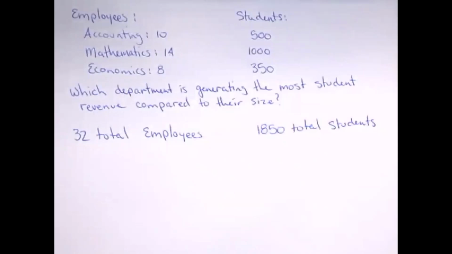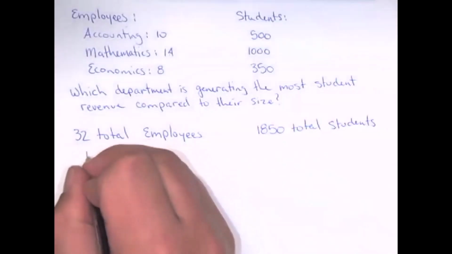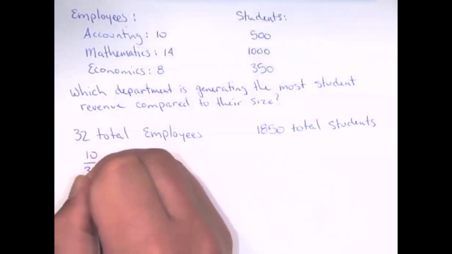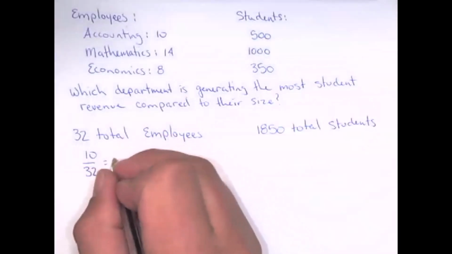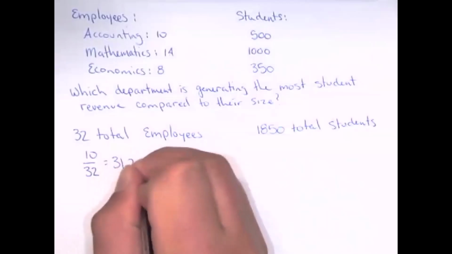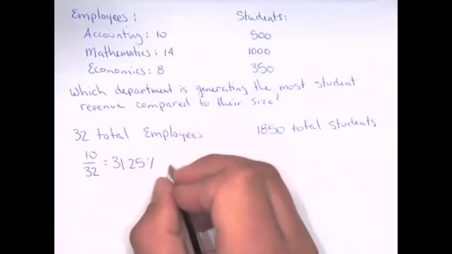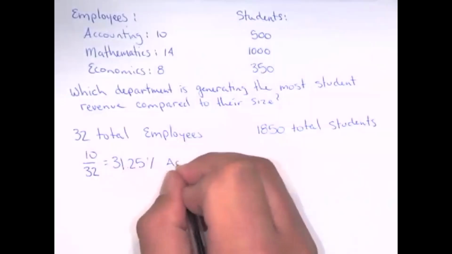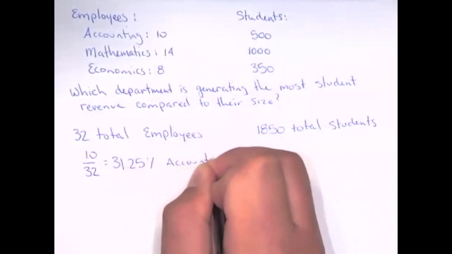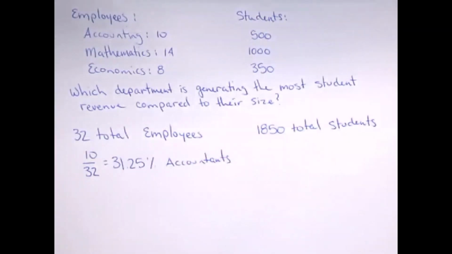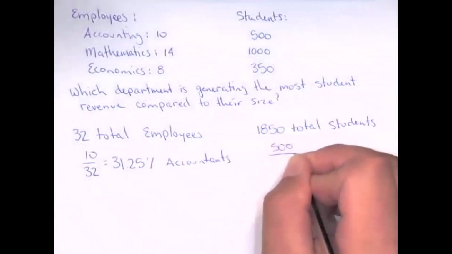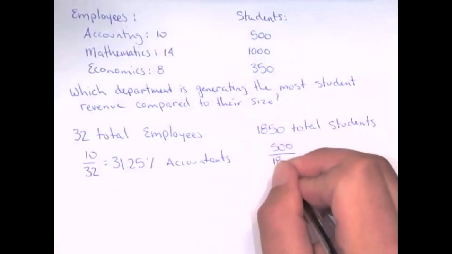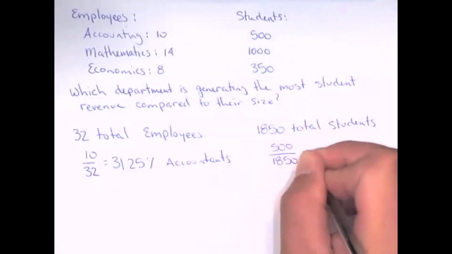In terms of accounting, we have 10 over 32 accountants. 10 over 32 is 31.25%. In terms of students, they have 500 over 1,850 students.